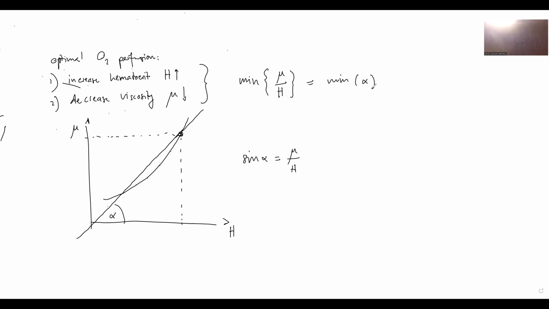So the question is, where do we need to move this red dot to find the smallest possible alpha? The answer should be quite clear. Let's use blue color. The solution is here.